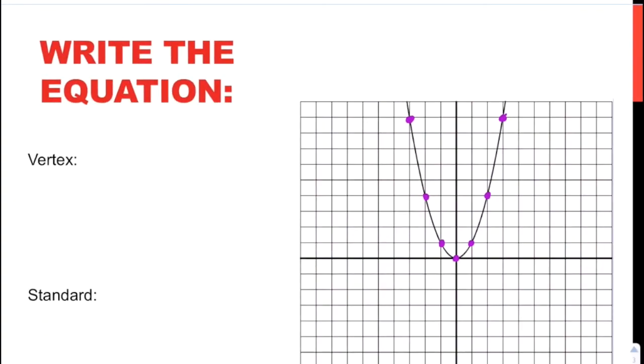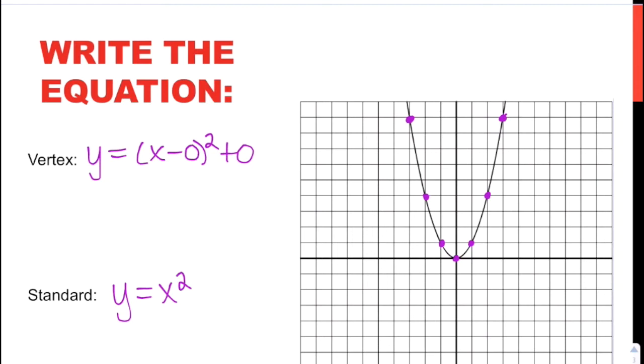Now, to write this in vertex form, I'm going to plug in my vertex, and it is 0, 0. If you want to convert this to standard form, since my vertex is 0, 0, this is just going to become y equals x squared.